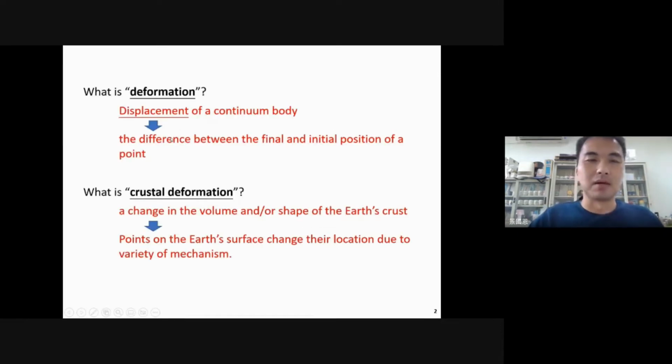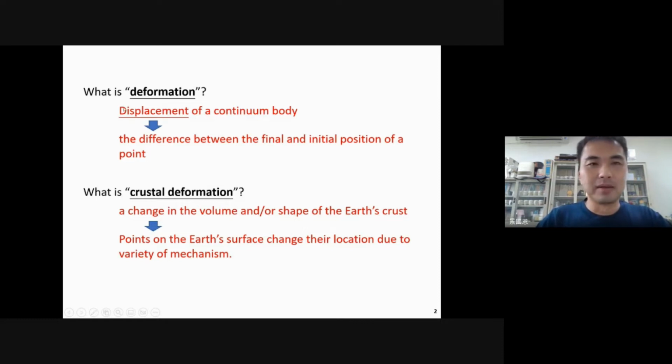Before we talk about crustal deformation, I think we need to understand what deformation is. If you check Wikipedia or any other definition, it shows that deformation is the displacement of a continuum body.